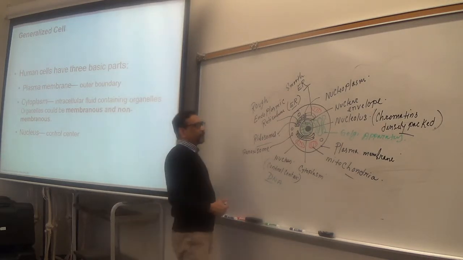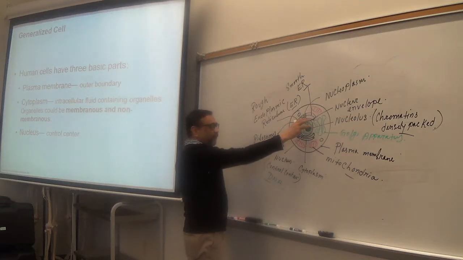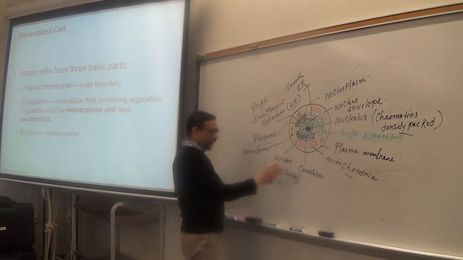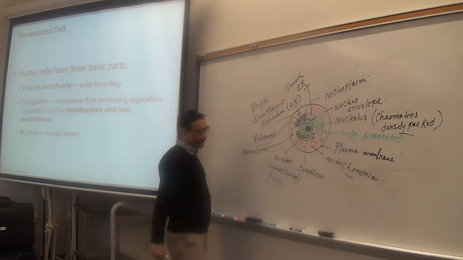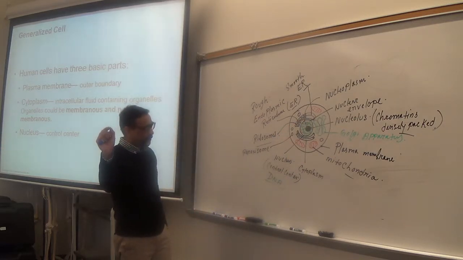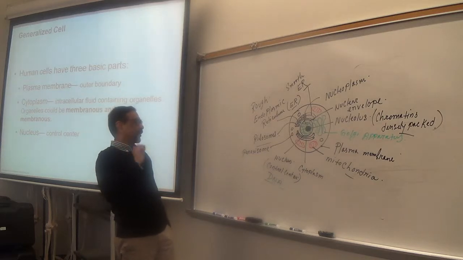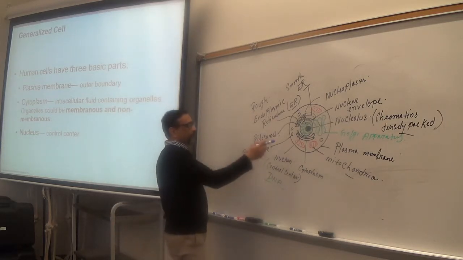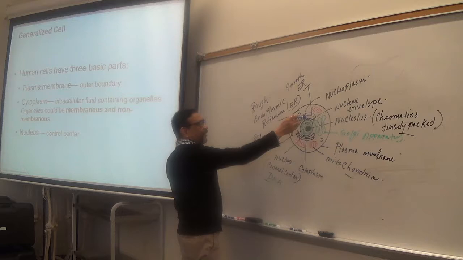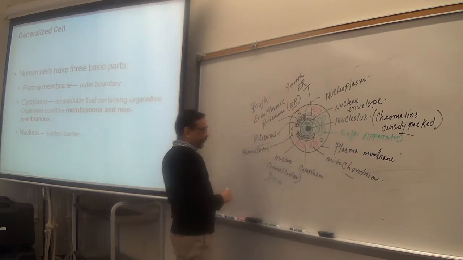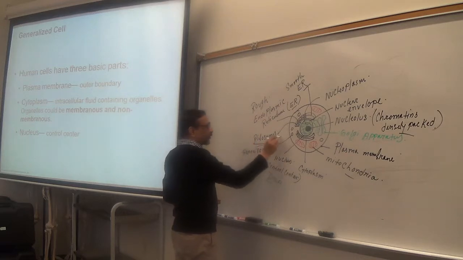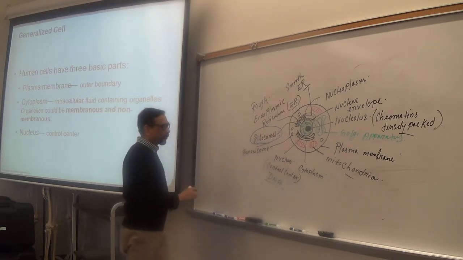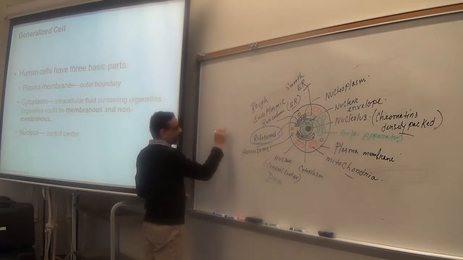Okay, so go back to the nucleus. As I have mentioned, the genetic material is present in the DNA that stores the genetic information. Very important. Now, ribosomes, these tiny dots, are responsible for protein manufacturing.